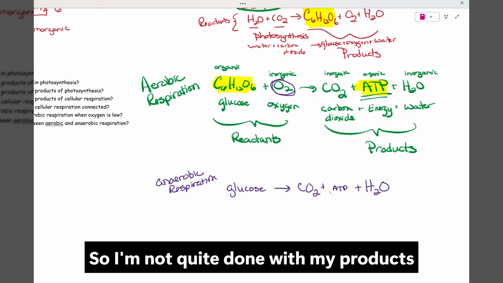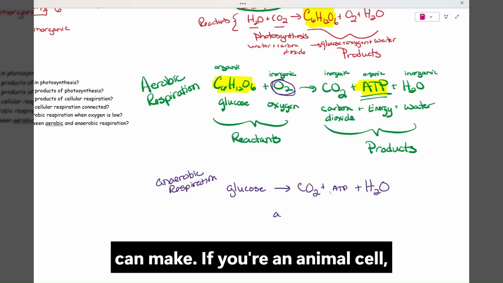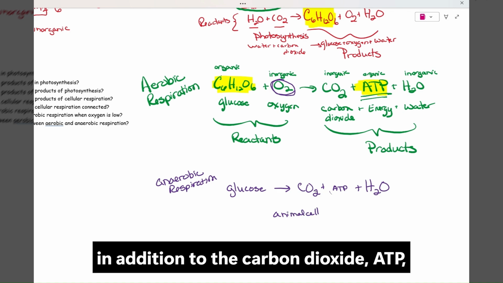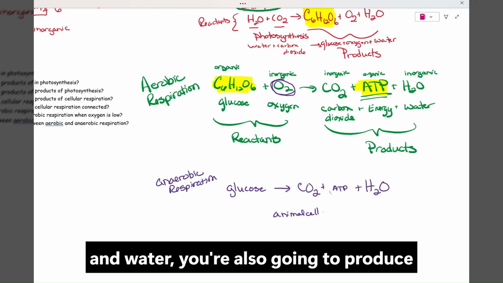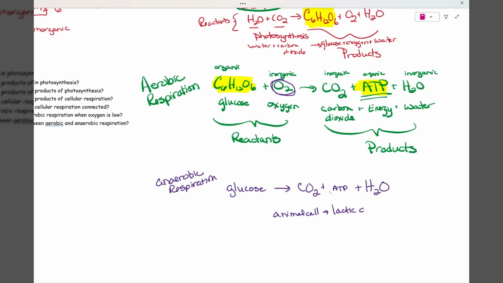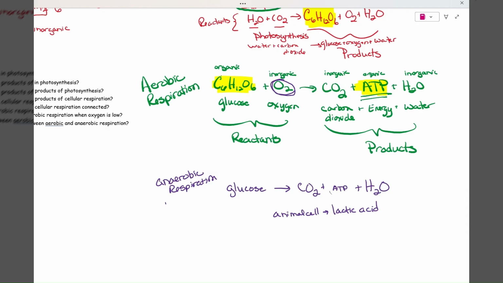I'm not quite done with my products because there's a couple of products we can make. If you're an animal cell, in addition to the carbon dioxide, ATP, and water, you're also going to produce something called lactic acid. Sometimes this process is called fermentation.